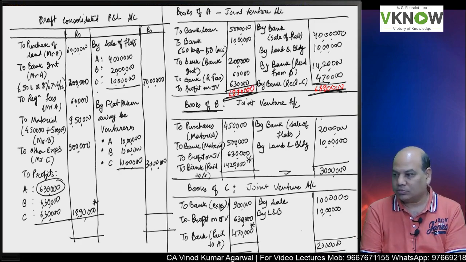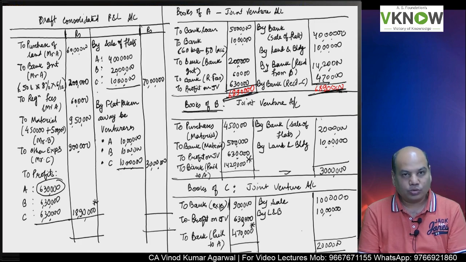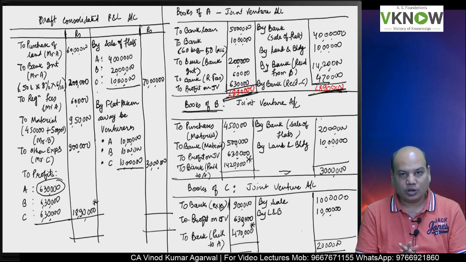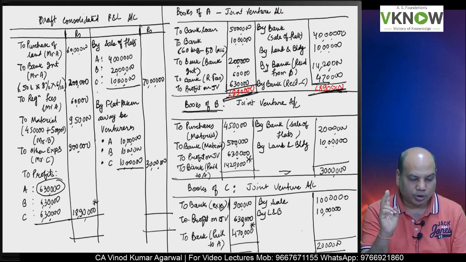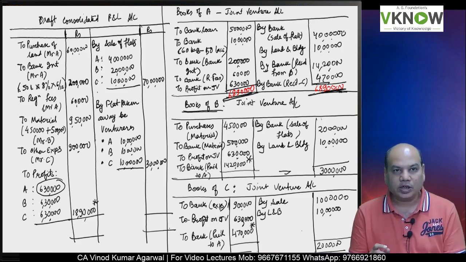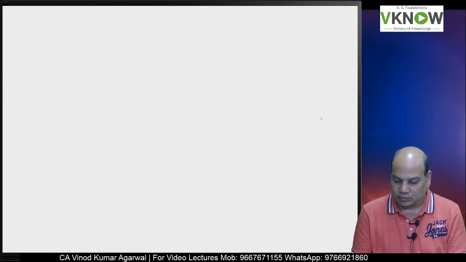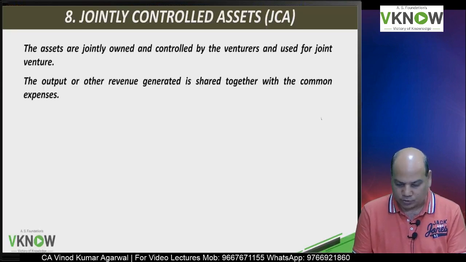So this is how you are going to prepare accounts when you are solving questions on jointly controlled operation. These are the two important questions I have done, one taken from study material and one taken from reference book.